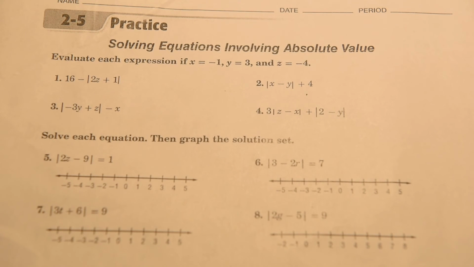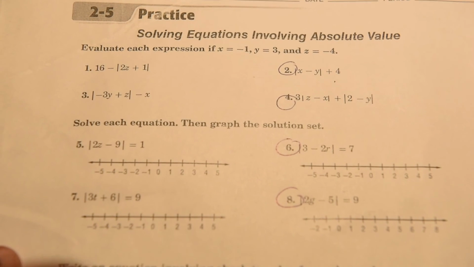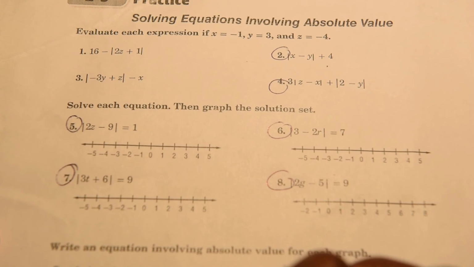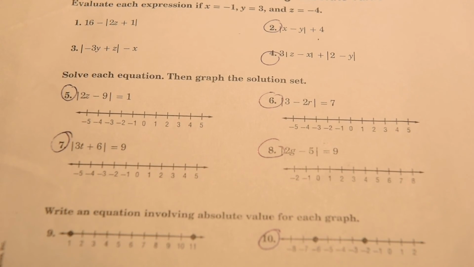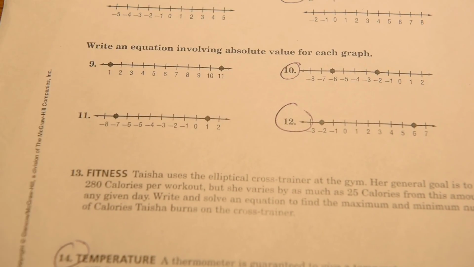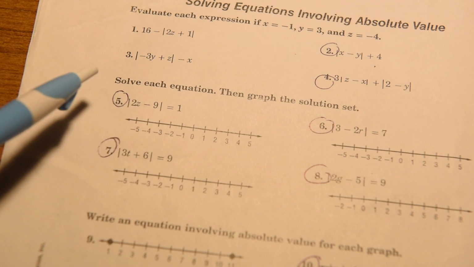You need 10 problems, so let's do all the evens, 2 through 14 even, and then also both of the equations, 5 and 7. Everybody got it? So 2, 4, 6, 8, 10, 12, and 14. Got it? All the evens and add 5 and 7.